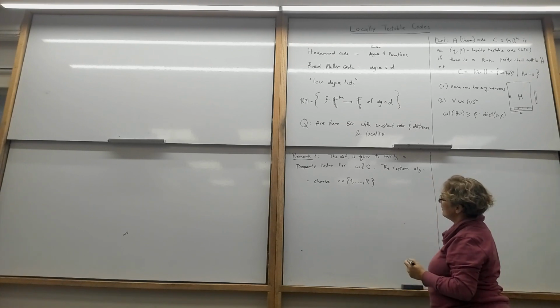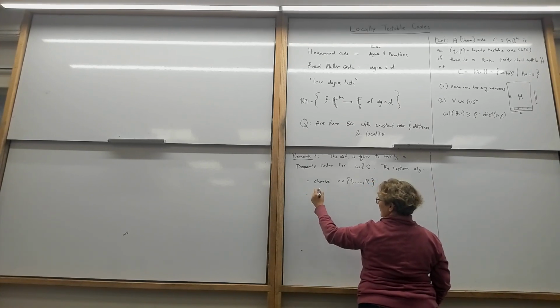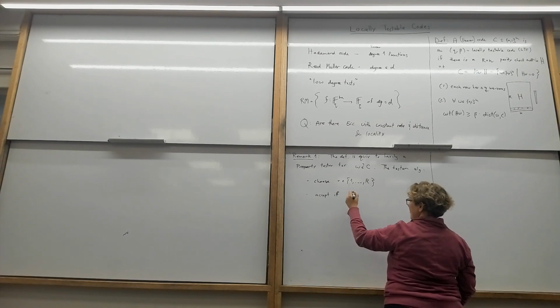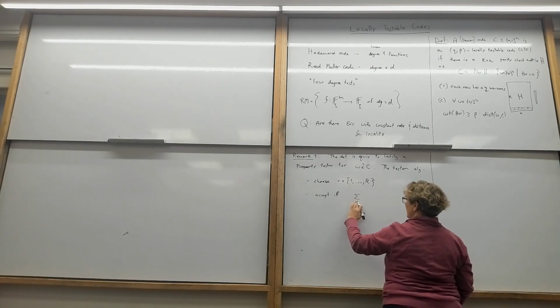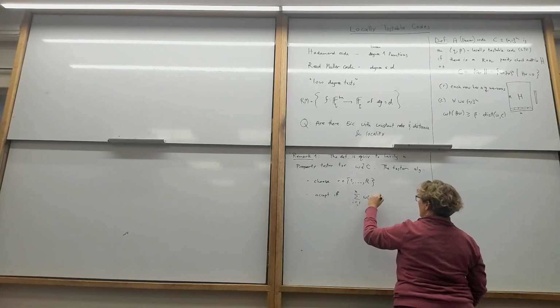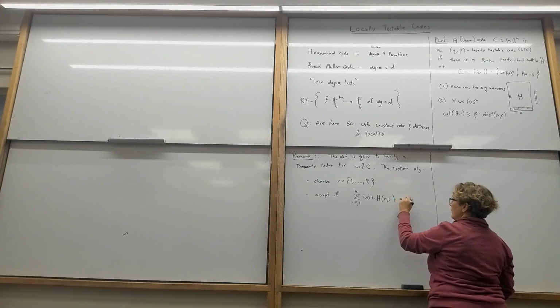And then read and accept if and only if the summation, i goes from 1 to n, of W_i times H_{R,i} equals 0.